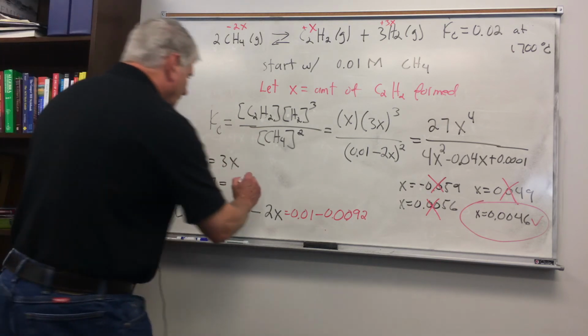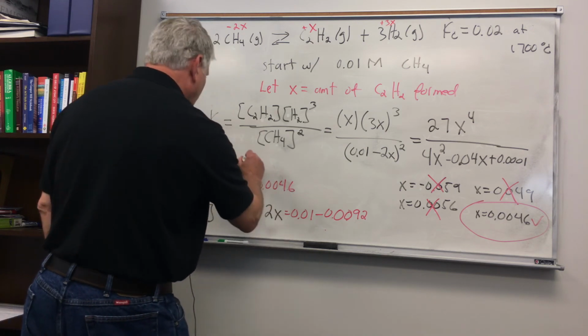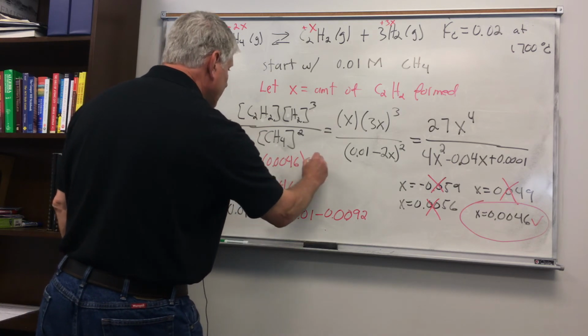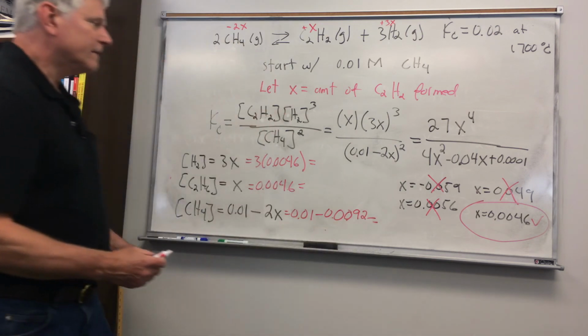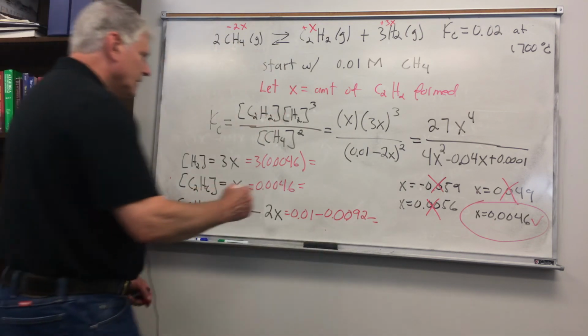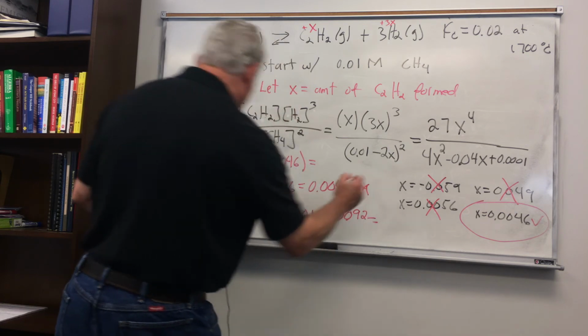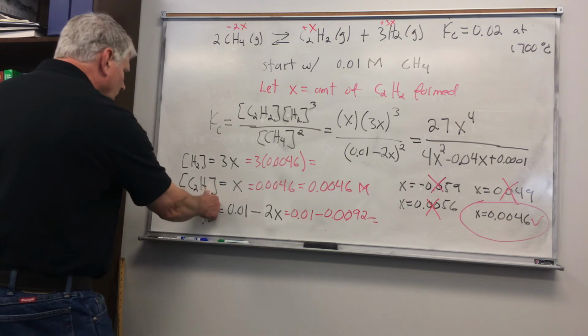So these are my equilibrium concentrations. So we have 0.0046 molar for C2H2.